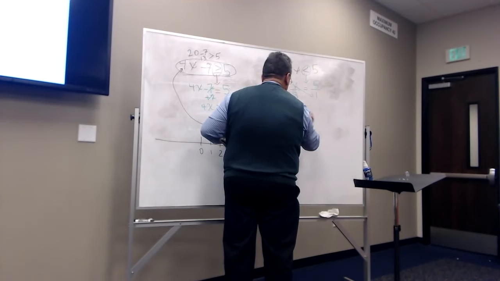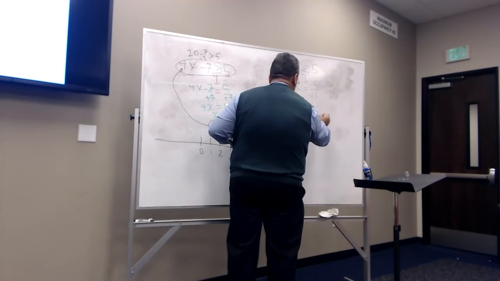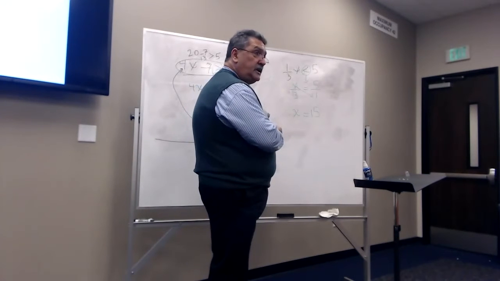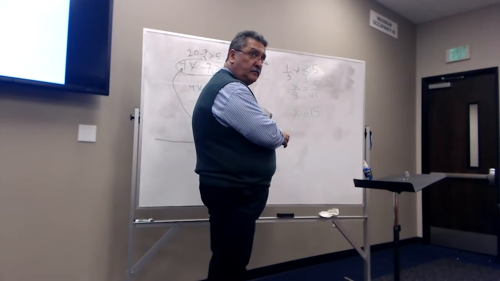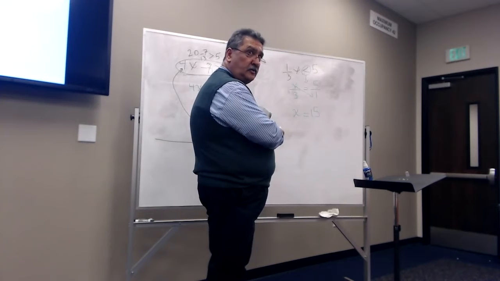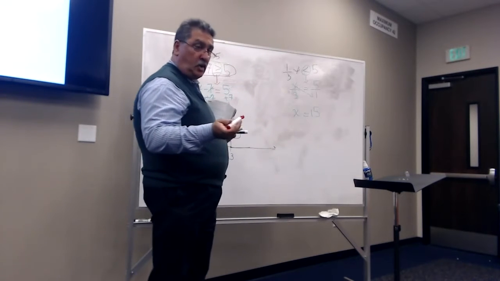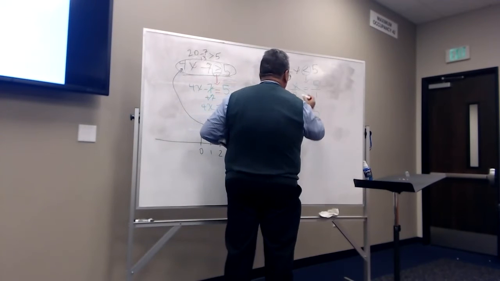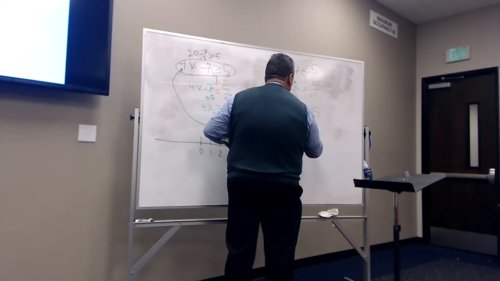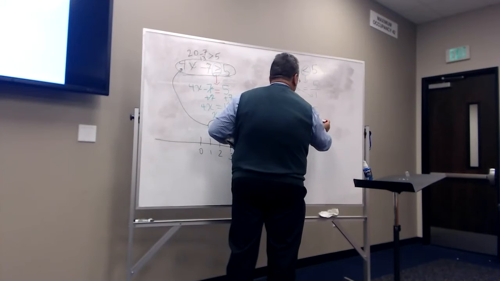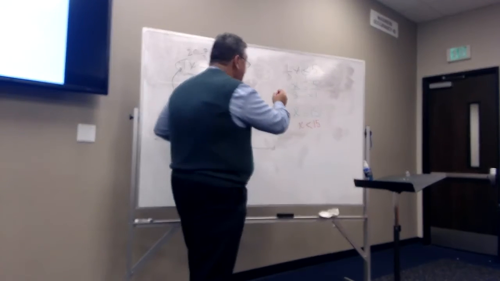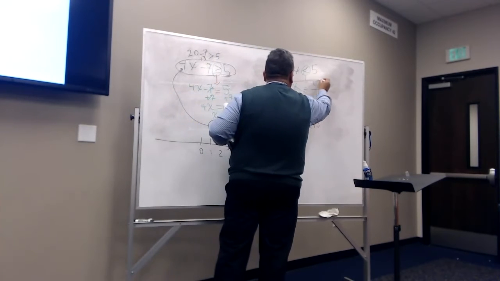Okay, now x times 1 is equal to 15. Yes? Did I multiply or divide by any negative number? Did I do anything like that? No. So the inequality sign doesn't change. So for any value of x which is less than 15, that inequality holds.